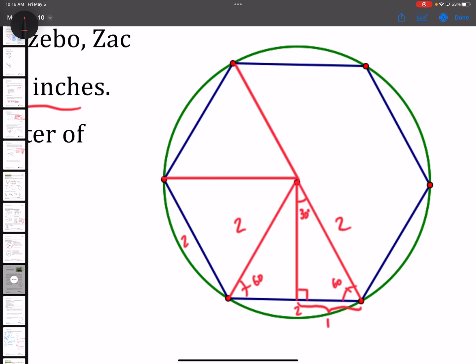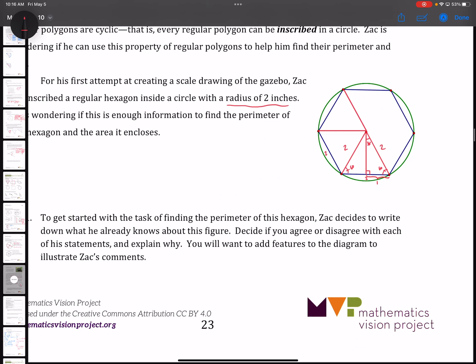Easy money. So, one side is 2, and all sides is 2 times 6. Boom, there we go.